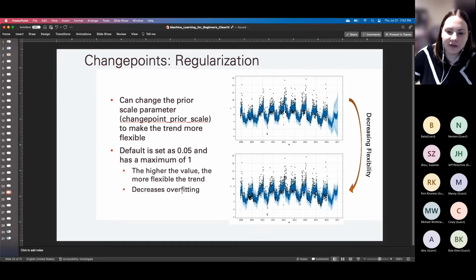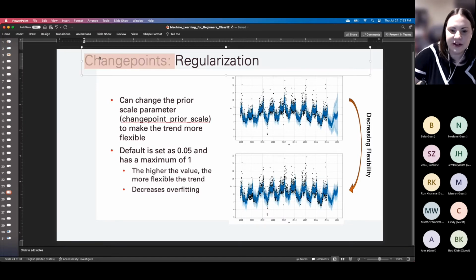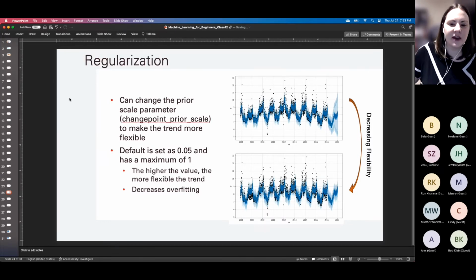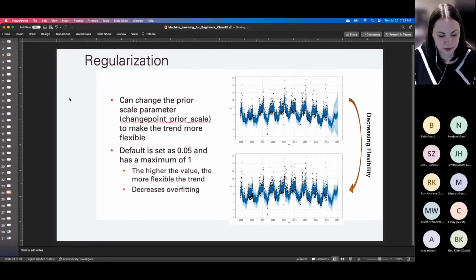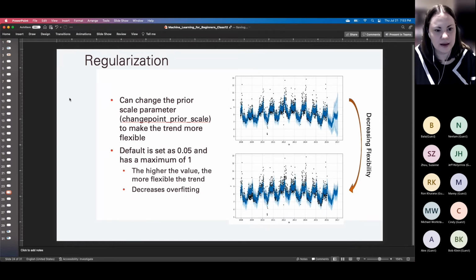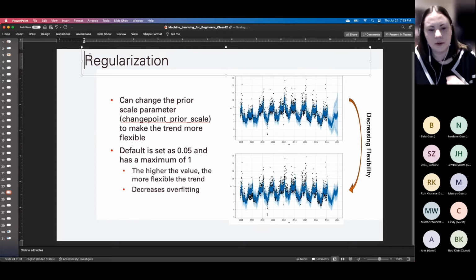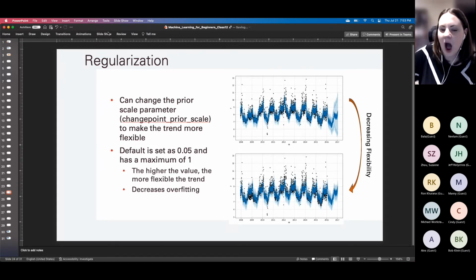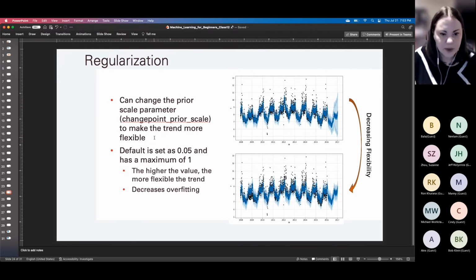So you may have heard of this just generally from machine learning. This actually shouldn't have change points on it. There is another thing called regularization, which can be related to change points or not. Regularization basically helps prevent overfitting.